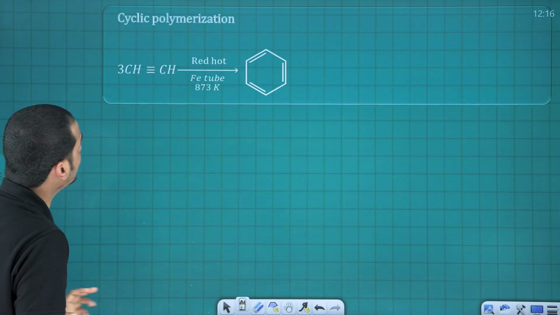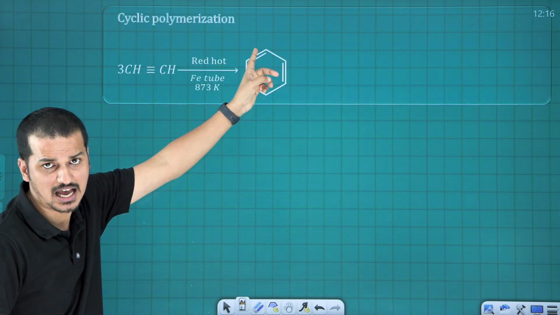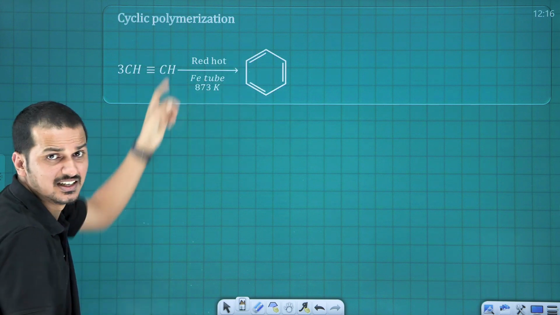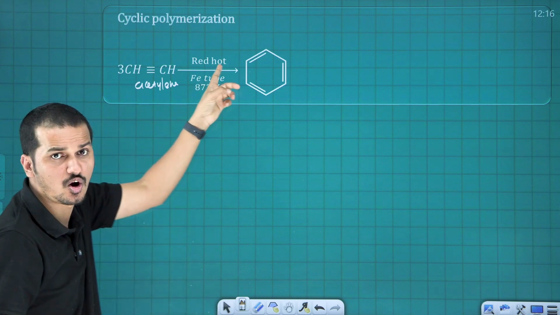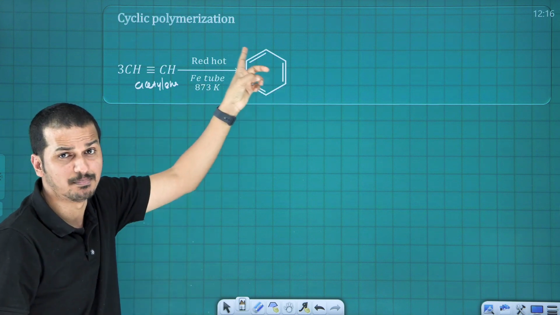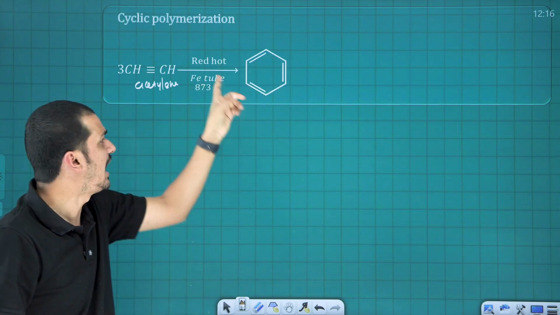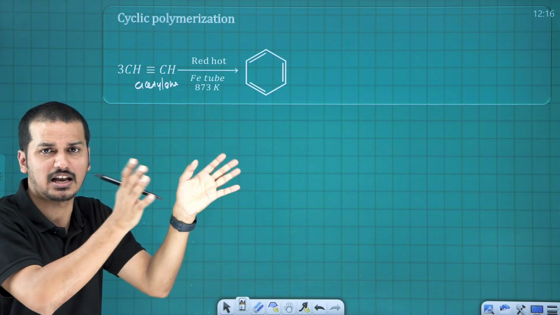Next again, cyclic polymerization of alkynes. If you take acetylene and treat it with a red hot iron tube, it will give benzene, through a high temperature free radical homolytic fission reaction.